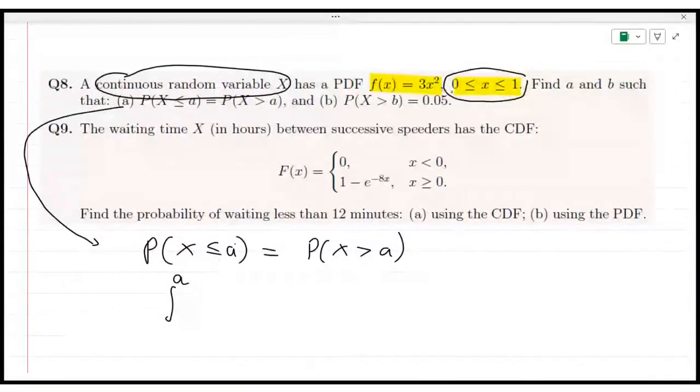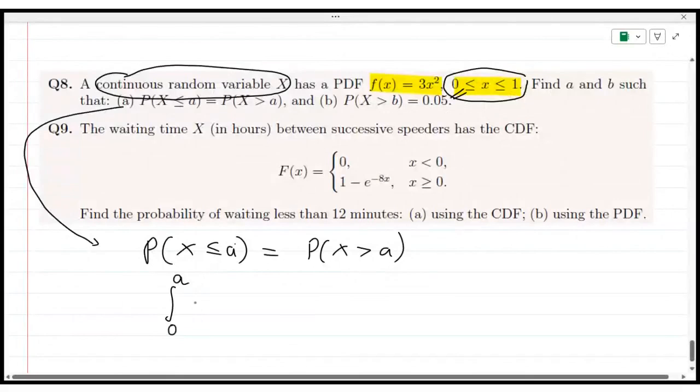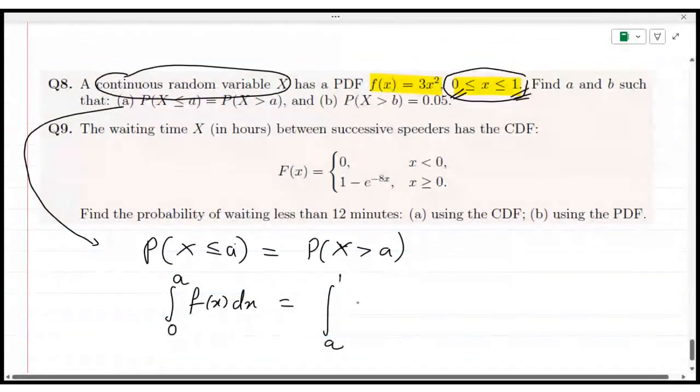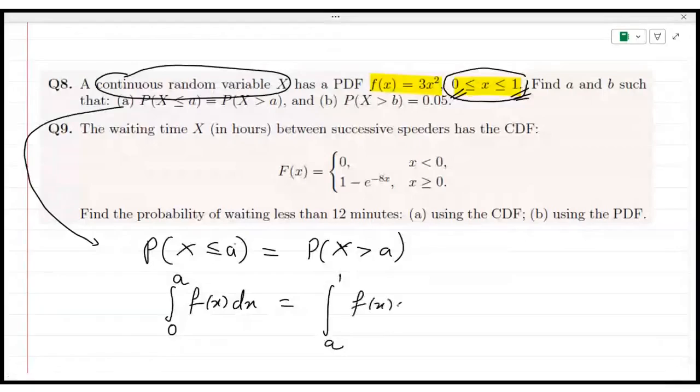So the minimum value of x is 0, integral of the probability density function f of x. This is equal to, for x greater than a, the minimum value is a and the maximum value of x is 1, integral of f of x dx.